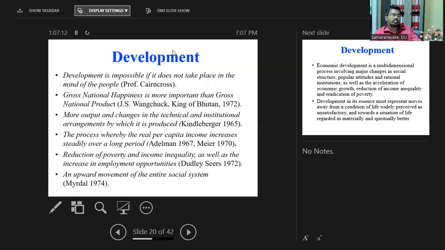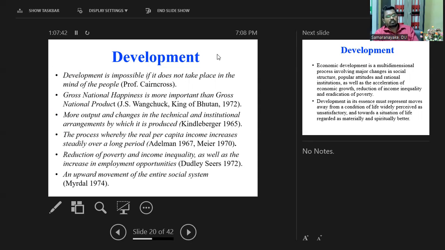And further, development has different angles of thinking, different ways of thinking as well. Now you can feel free to go through these statements. Start with the first one. You see how some people think of development, right? According to Professor Cairncross, you can search more about who Professor Cairncross is and his work.